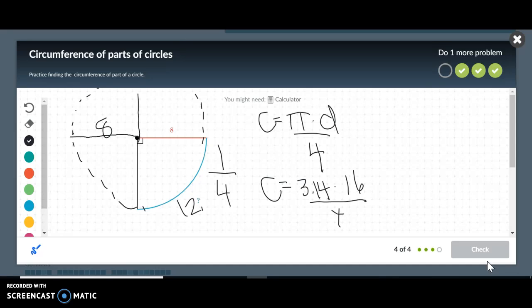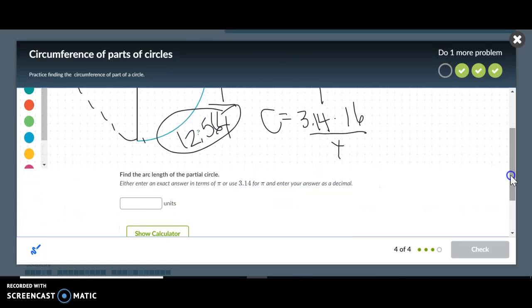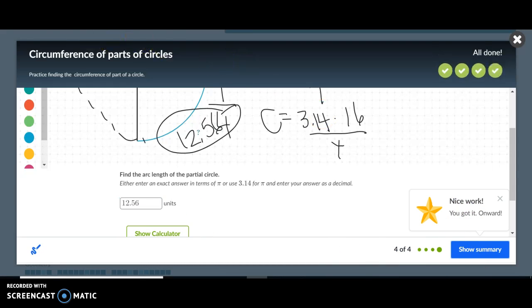So this is 12.56. If I was looking for 2 parts, then I would multiply it times 2. But I'm only looking for 1 part. So my answer, if I plug it on into this program, 12.56 will give me my answer, and I am all set.